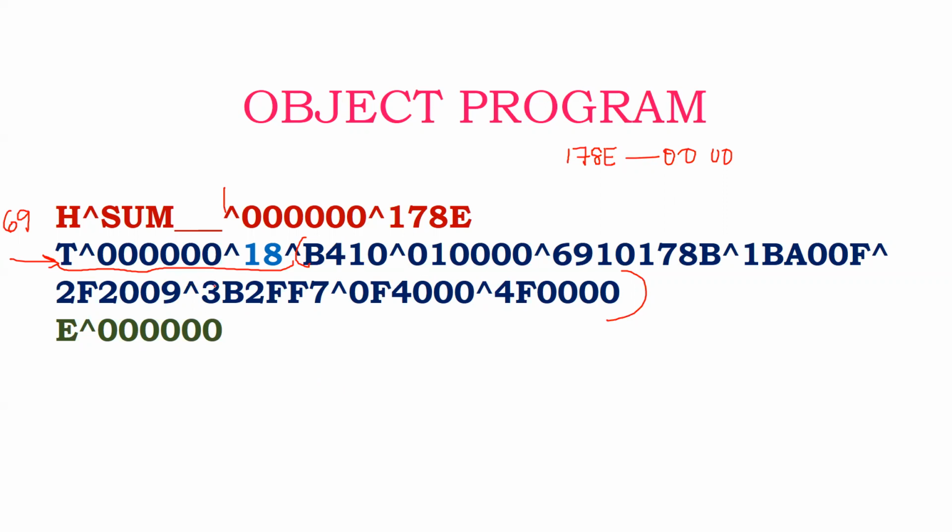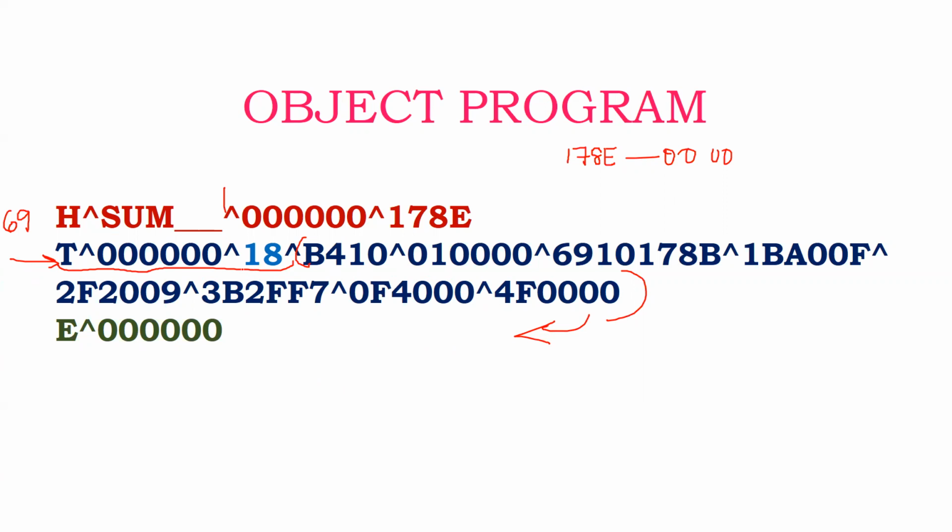If the object code exceeds the 69 columns, then we need to move to the next line and follow the same procedure as we followed for the first line of the text.